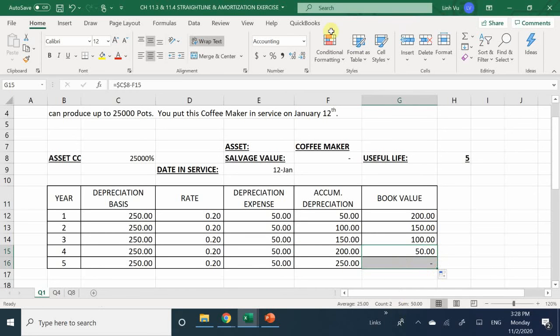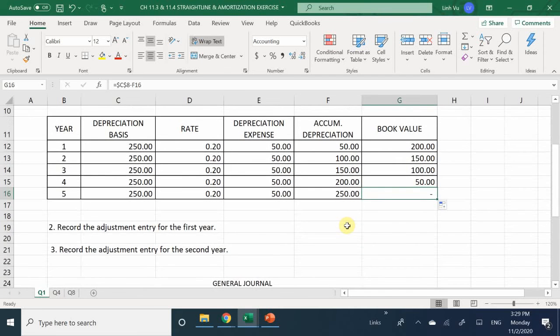So there you go. At the end of 5 years, my accumulated depreciation should match my depreciation basis, which it does, and my book value should equal the salvage value, which it does. It's 0. Pretty straightforward, the easiest one.